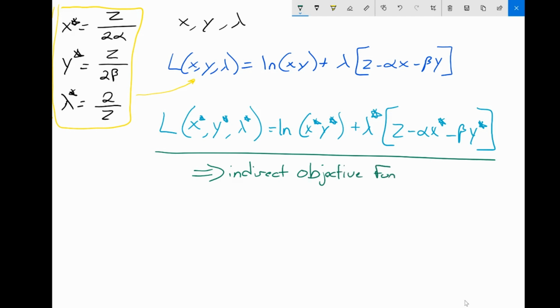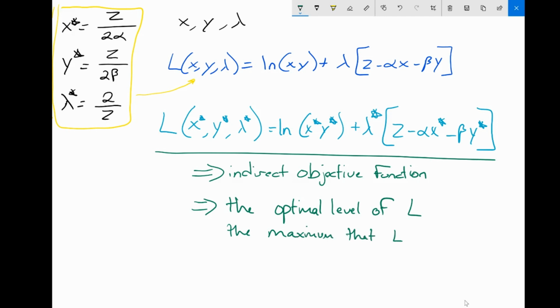Okay, this function, this indirect objective function, once we've plugged all of the optimal values back in, this is the optimal level of L. This is the optimal level of L. In this case, because we're doing a maximization, this is the maximum that L can take.